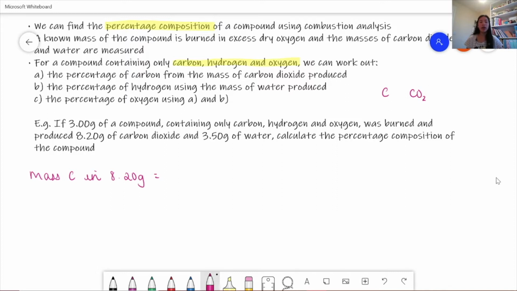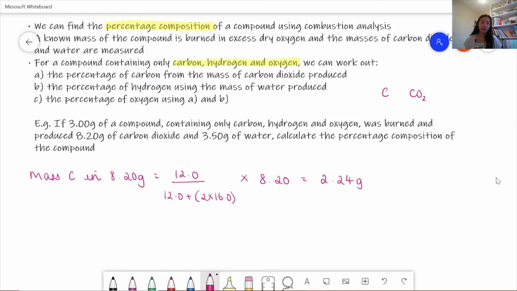If we put the AR of carbon over the MR of CO2, we get a fraction. The AR of carbon is 12, and the MR of carbon dioxide is 12 plus 2 times 16. This gives us how much carbon is in 1 mole of carbon dioxide. Then we multiply this by 8.20 because that's the mass of carbon dioxide that we produced.